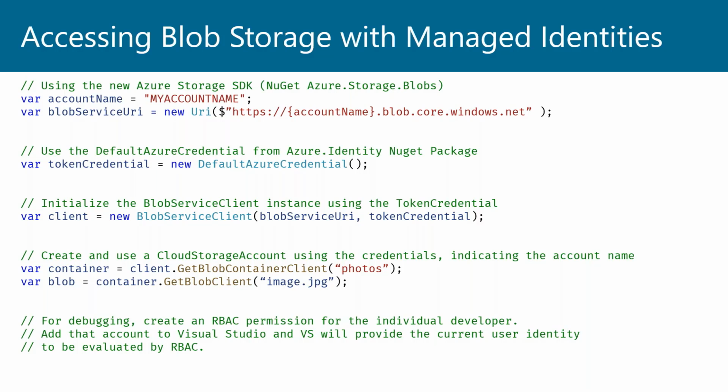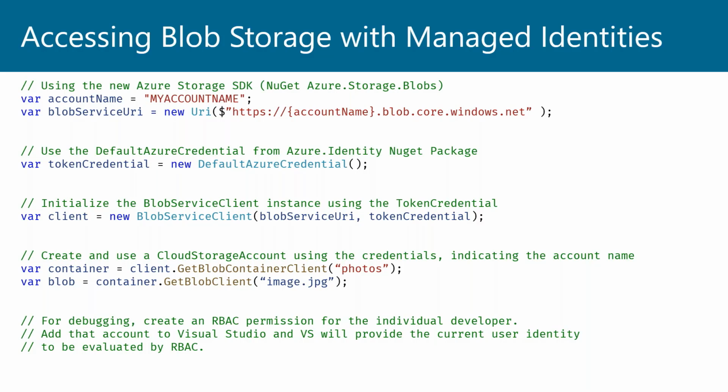The default Azure credential is aware of managed identities. In fact, it's aware of several different systems for providing identity, and it goes through a hierarchy. It will first try to obtain a managed identity, then, I don't remember the exact sequence, but among others, it will see if it's running under Visual Studio and try to access Visual Studio, or work with environment variables. It'll work with the running CLI.